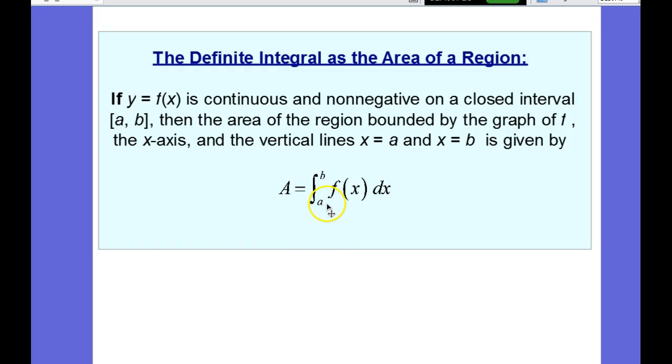And so this will take the place of computing and adding Riemann sums. Now before we move into actual integration, we want to take a little time to look at some piecewise functions and determine what this really means conceptually by applying some geometric formulas to help us figure out what this would be.